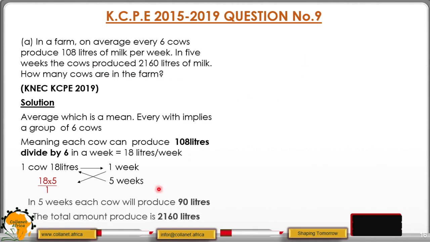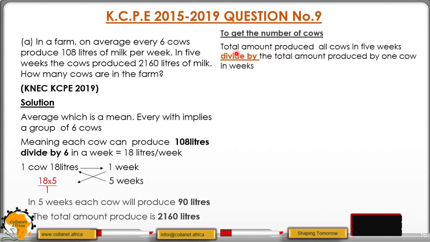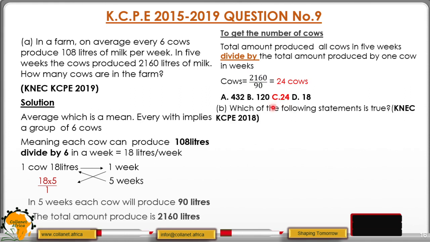You take the total amount produced by all cows in 5 weeks divided by the total amount produced by 1 cow in those weeks. So 2,160 divided by 90 to get 24 cows. The answer is C.